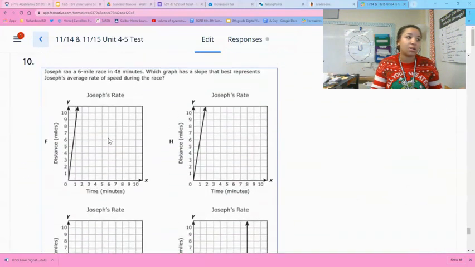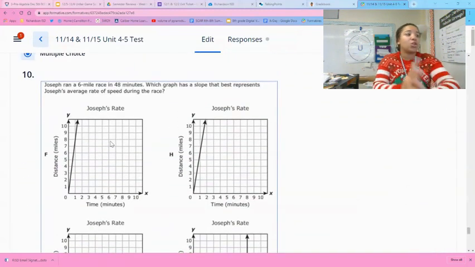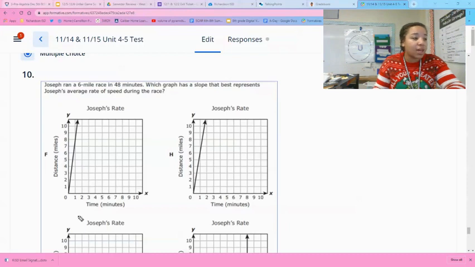And question 10, okay, I'm just going to do this one. Joseph ran a 6-mile race in 48 minutes. So we have to know that minutes is going to be on the x-axis and miles is going to be on the y. Which graph best represents the situation? So I know that 48 minutes is going to be the x and 6 miles is going to be on top, okay?